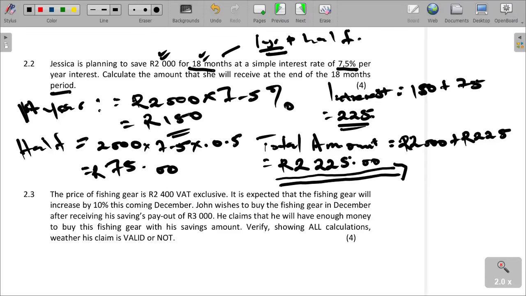First year is 2,000 multiplied by 7.5, which gives us 150, and then for half a year, we multiply 2,000 times 7.5 multiplied by 0.5, and we get 75. The interest is the sum of the two, which gives us 225. So the total is what she has first plus the interest accumulated, which is 2,225.